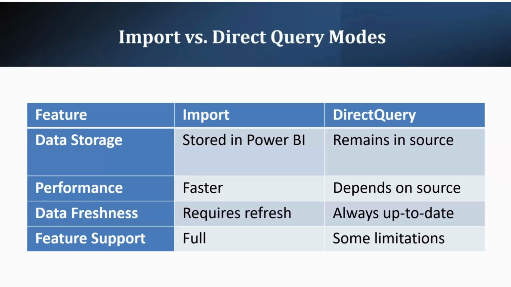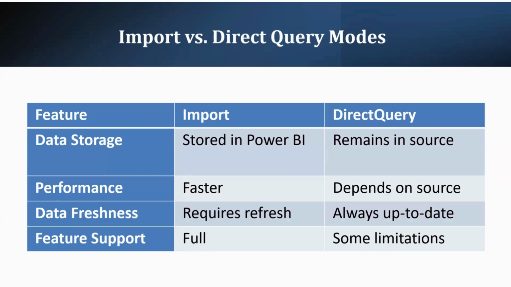Right. In this section, we're talking about import versus direct query modes. Now, this is how Power BI accesses your data. Two methods, either to import it directly into Power BI or to create a direct query to it. That means it's creating a connection to the data source and then doing the transformation or the visualization through that query.